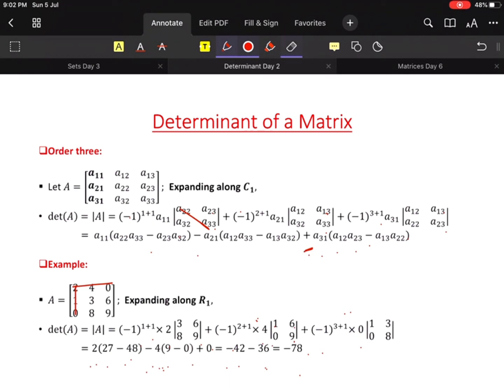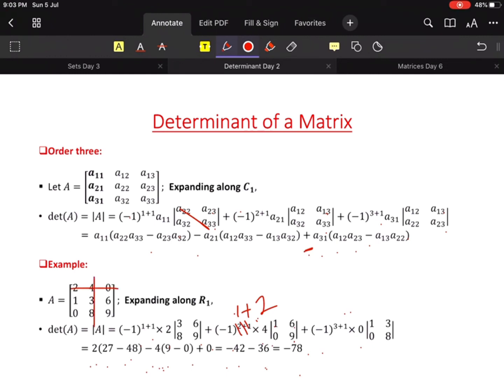Now the next element is at row 1 column 2, so 1 plus 2. Sorry, here it's written 2 plus 1, but it is wrong. It will be 1 plus 2, because the row is 1 and the column is 2. Multiplied by 4, the element. Now cut this one. What remains?